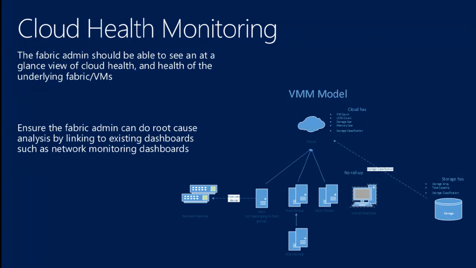And when you're deep diving into this kind of exploration of what's wrong with my tenant's cloud, you want to make sure that what you're seeing is scoped to that cloud, and you're getting nothing more, nothing less than what's relevant in that grouping.